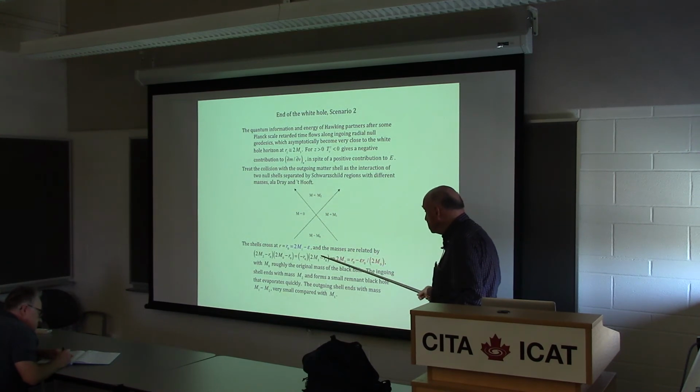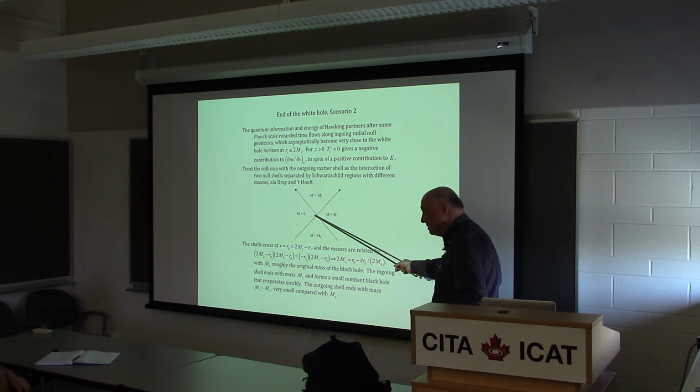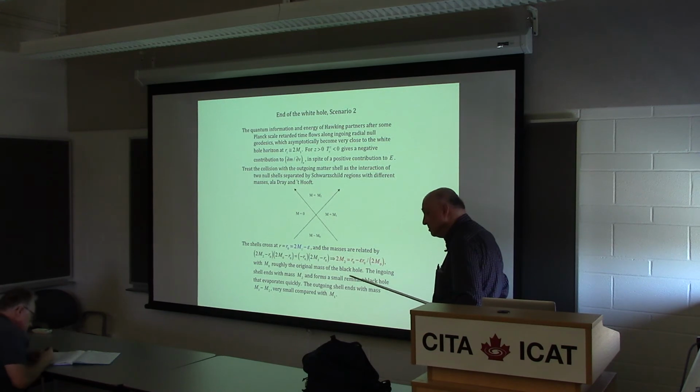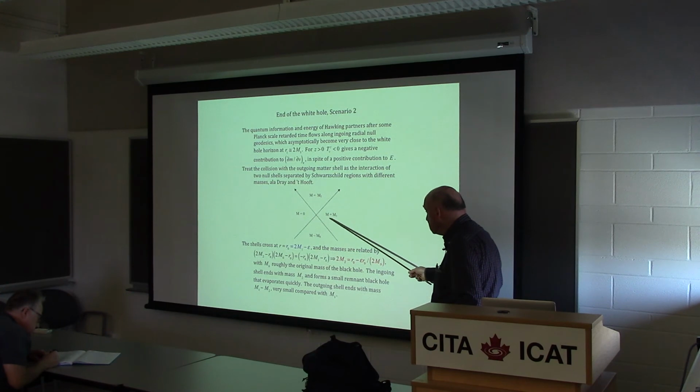And under those conditions, what you get for M2 is, and R naught is just the circumferential radius at the collision point. And R naught is going to be just slightly less than 2M1. And so what you end up with is 2M2 is, because this epsilon is something very small, and R naught over 2M naught is very, very small, this M2 is essentially the same as M1, just very slightly less, infinitesimally less.